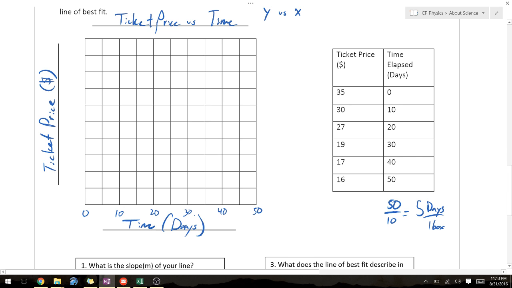There we go. Easy. For ticket price, we can't look at the bottom. We'll have to look at the top. So we have 35. We take $35 divided by our 10 boxes, and that gets us $3.5 per box. Now, if we increase by 3.5 for each increment, that would be kind of weird increments. You'd have 3.5, 7, 10.5.